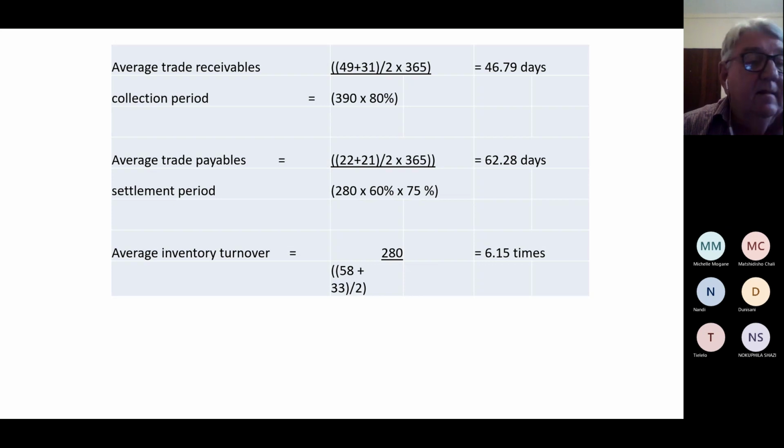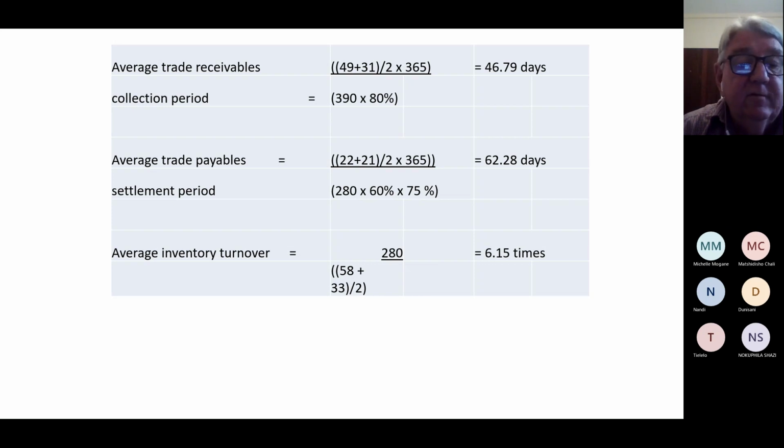And the formula, we're going to divide that by credit purchases. So now you have to look at the notes again, on the top of page 33, where they say 75% of purchases are on credit, and purchases equal 60% of your cost of sales.